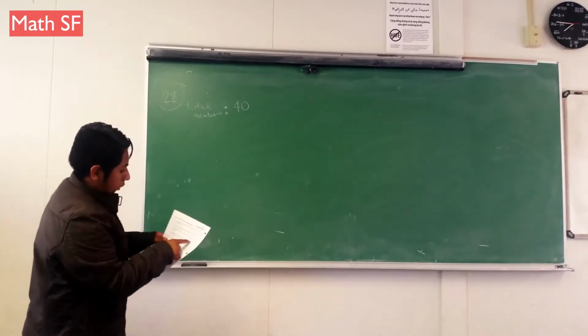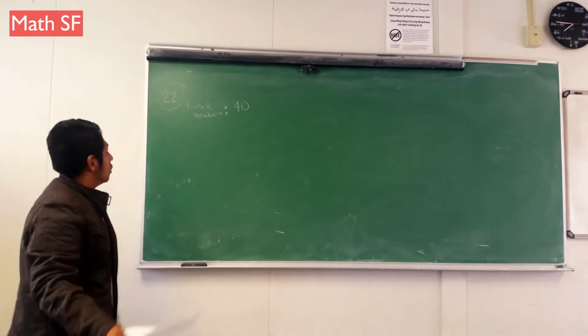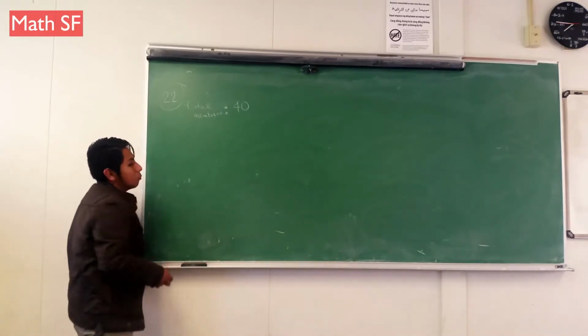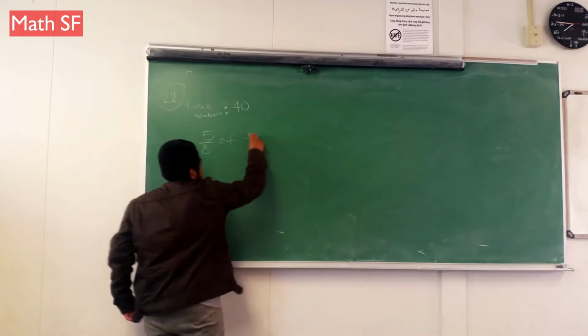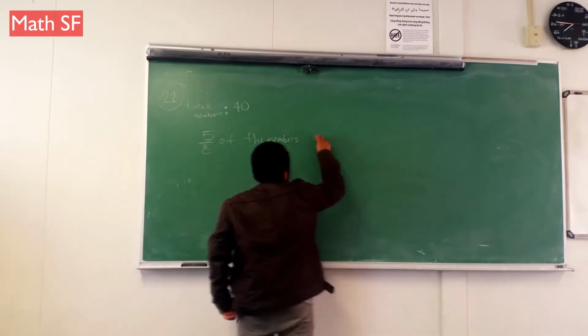Oh, and then they say how many men are on the committee. So they give me a relation between the men and the total members. They say that 5/8 of the members, meaning the total, are men.